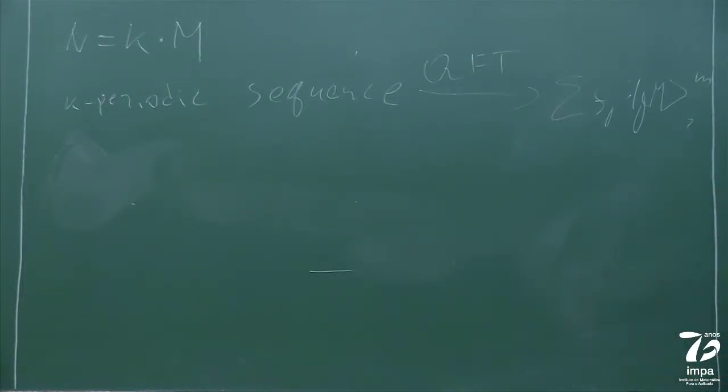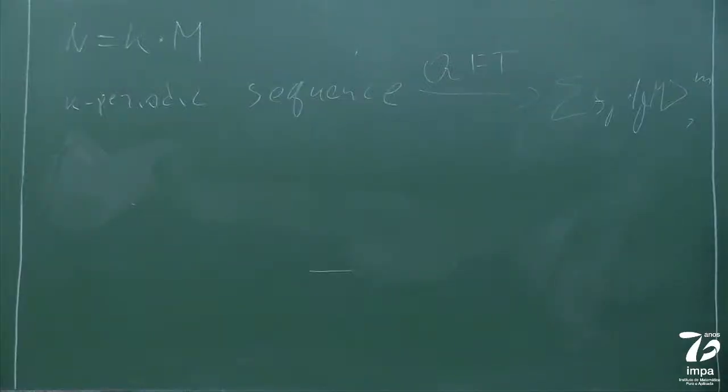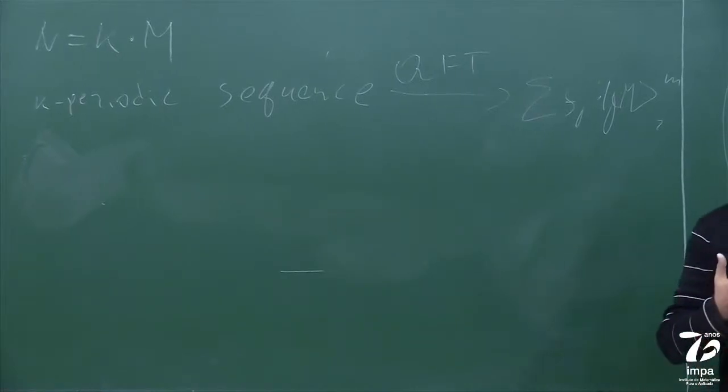So this is the way how you can get from a k-periodic sequence the number m, because you measure this thing and you get some multiple of m, which is a huge information about m. And this is what is actually a part of Shor's algorithm.